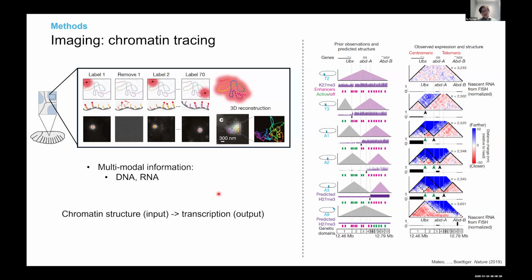In this picture, the next level of the technique that we wanted to add is to ask: can we include protein information as well? Because we know that proteins, for example transcription factors, regulate transcription output, and SMC proteins or CTCF boundary elements regulate genome structure. So it would be really good if we can include the protein information in this imaging scheme as well.